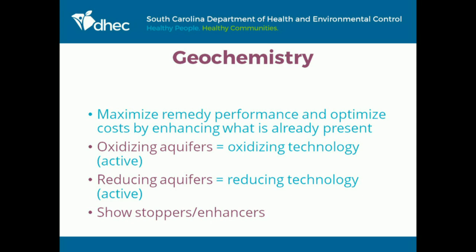There are some showstoppers which came up as I reviewed the file. It was like, oh, this is going to make it so it doesn't work at all. So even if you have a reducing aquifer, there are some times that some of the reducing technologies will not work because they have certain components to them that cause a problem within the aquifer. And I tried to cover this in the decision tree.